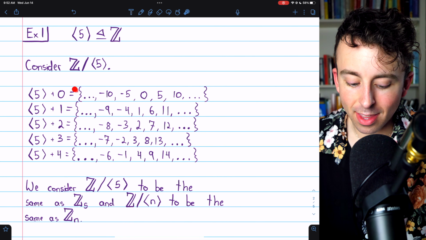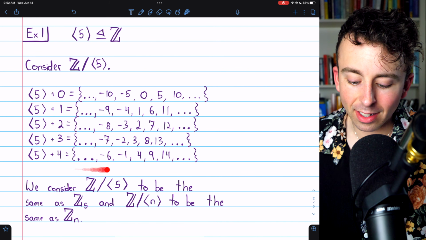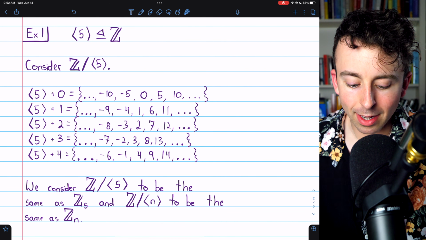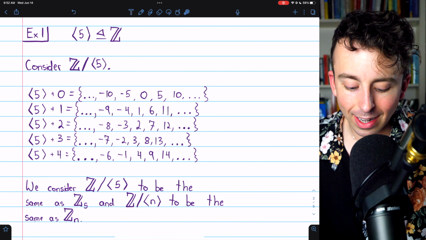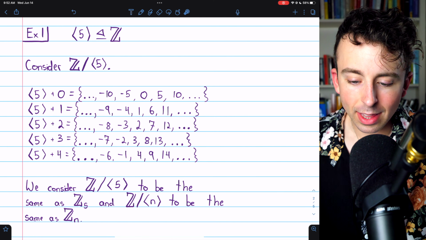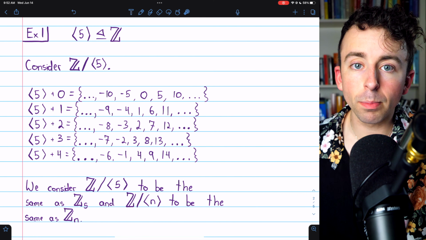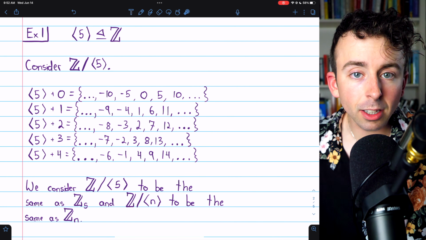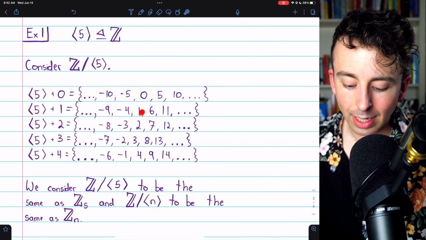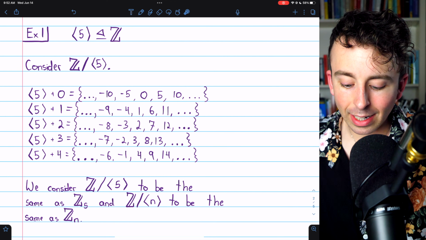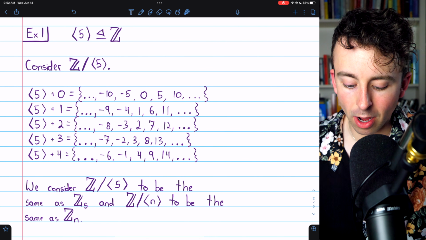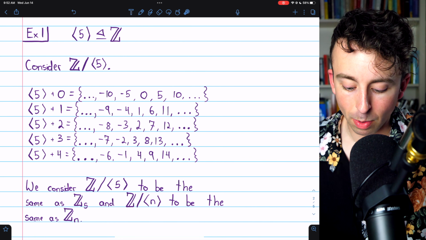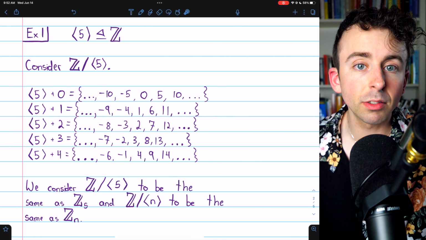You can see that this quotient group partitions the integers based on their values mod 5. If we were to take the plus 1 coset and add it to the plus 3 coset, that would equal the coset plus 4, which is just this one. Similarly, if we took an element from the plus 1 coset, like 1 for example, and an element from the plus 3 coset, like 3 for example, that'd be 1 plus 3, which would be 4, an element of the plus 4 coset.